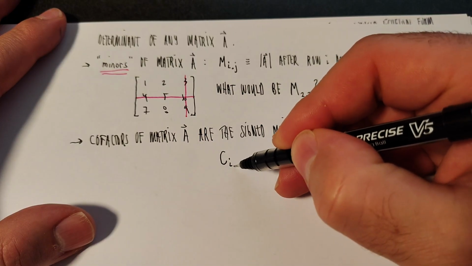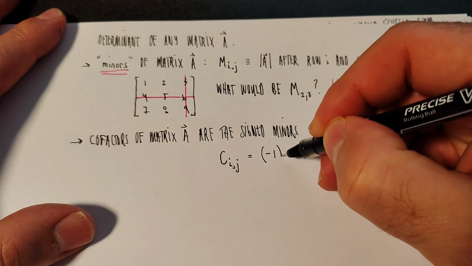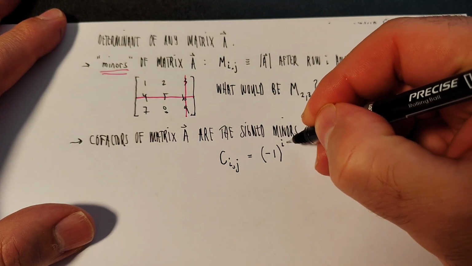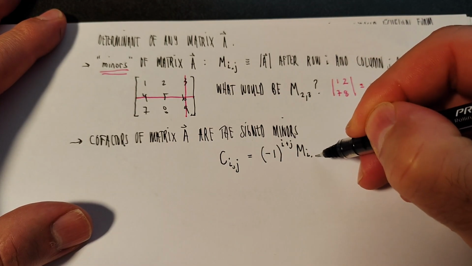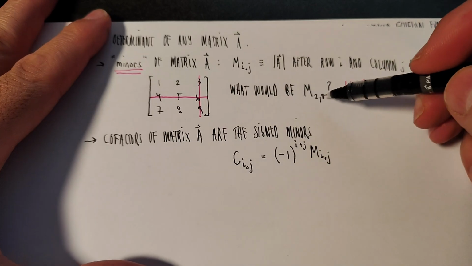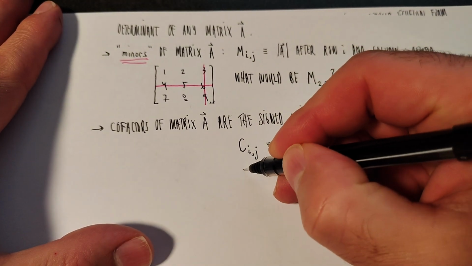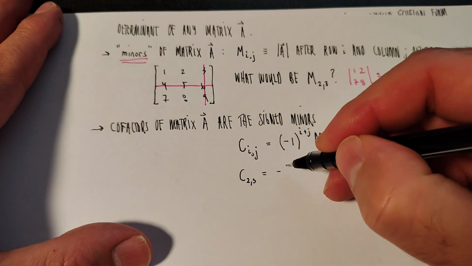It's going to be C, comma, I, J, and that's going to be negative 1 to the I plus J power, oh boy, times minor I, J. Okay, so going back to that, let's say M23, what would C23 be then? All right. So it would be negative 1.